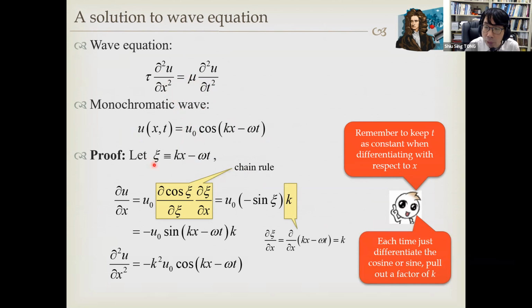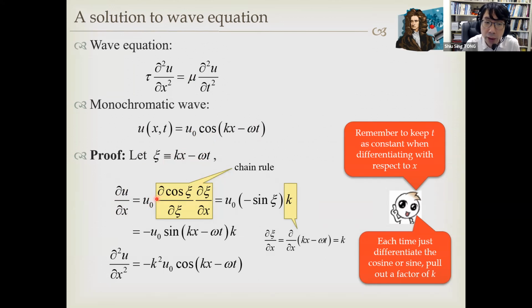Now let me write the shorthand. We write the shorthand C as a quantity kx minus omega t. Now, we take the derivative of u. u is equal to u naught cosine C, right? Where C is this guy. So we apply the usual chain rule for the derivative.